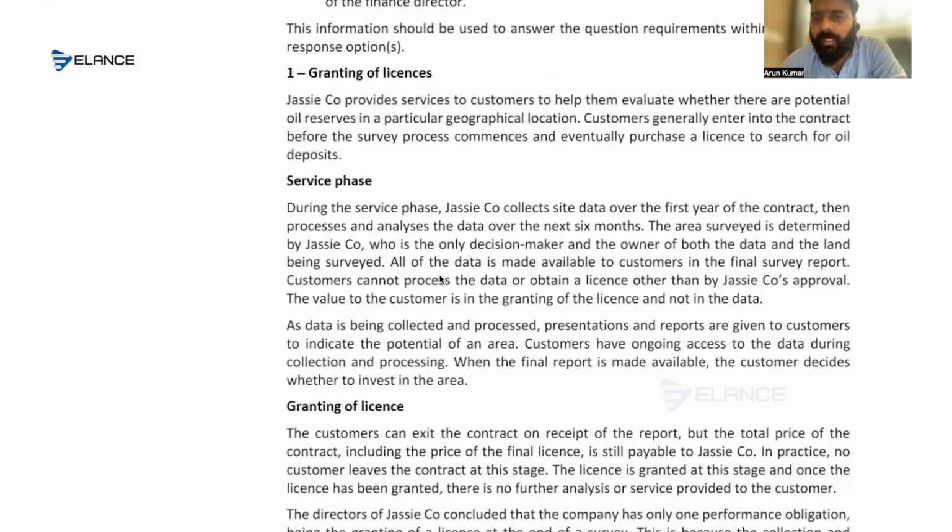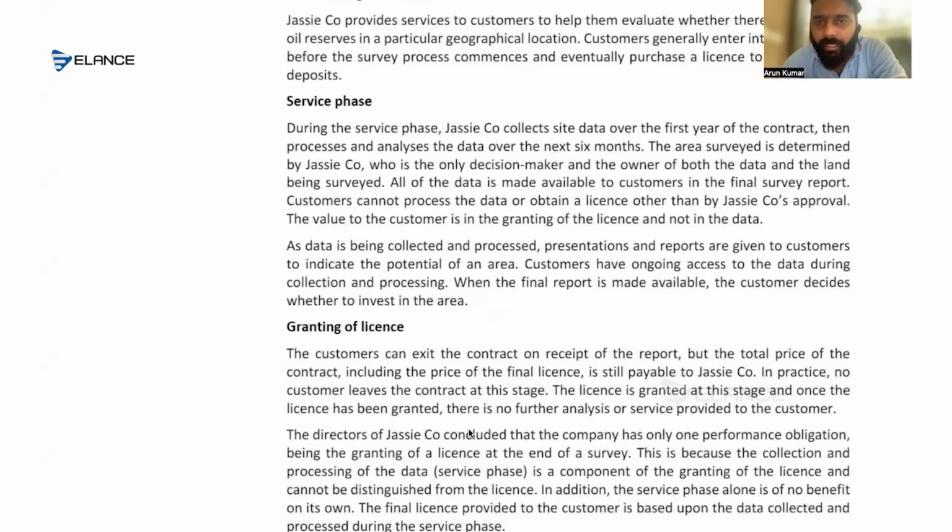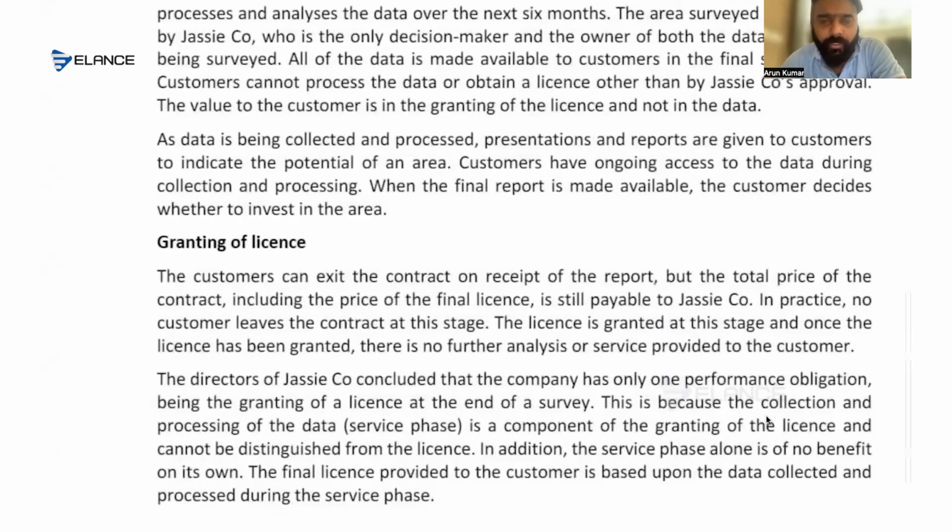And the customer does not have the right to this particular product during the time of service. It's mentioned that they don't have any rights, right? The only decision maker is JC company. So during that time, the control is with JC company itself. So once the license is granted, at that point, the control is transferred to the customer. From there on, we are not providing any further additional benefits to the customer, because once the license is granted, there is no further analysis or service provided to the customer. That's what they mentioned.